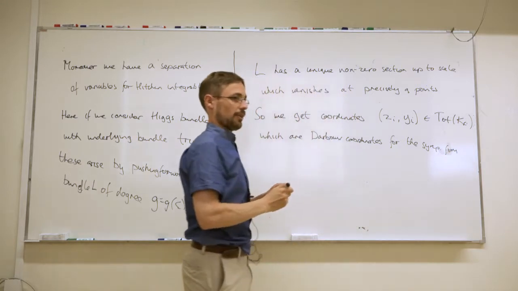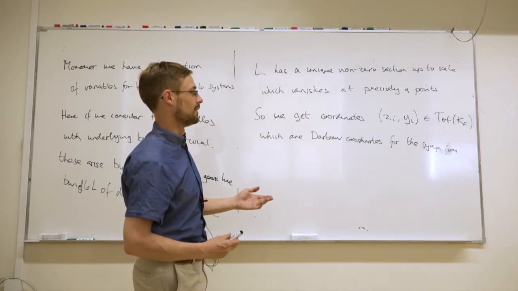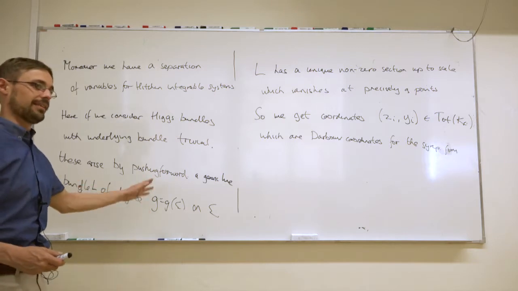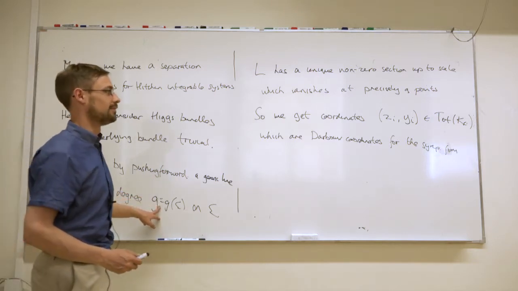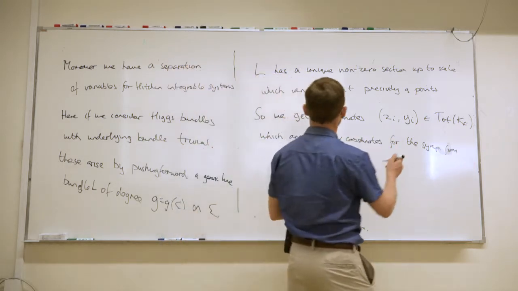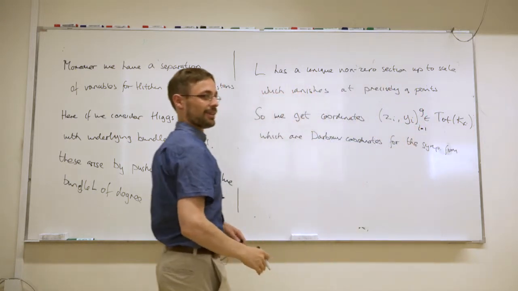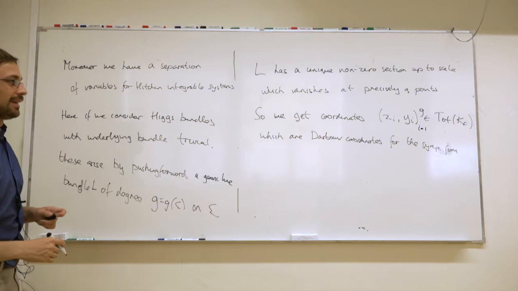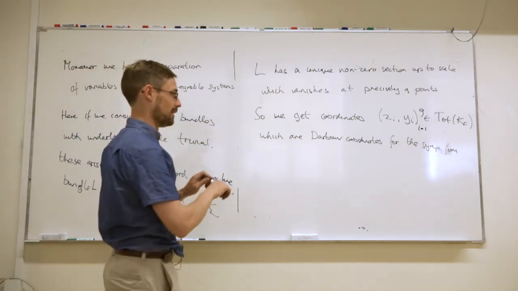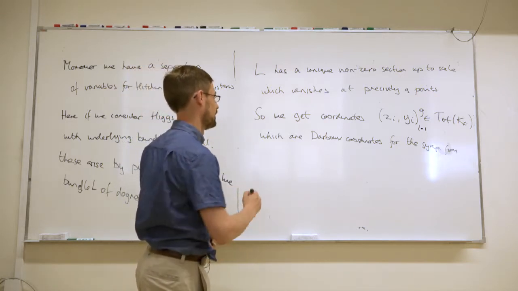So, to parameterize the moduli space of Higgs bundles, what do I need? Well, the dimension of the base and the fiber of the Hitchin fibration is G, the genus of the spectral curve. So if I give you two numbers for i equals 1 to G, I have the correct number of coordinates, and they really give canonical coordinates for the symplectic form involved.